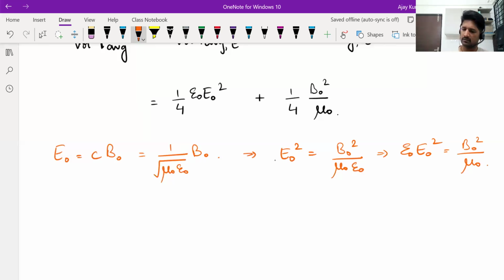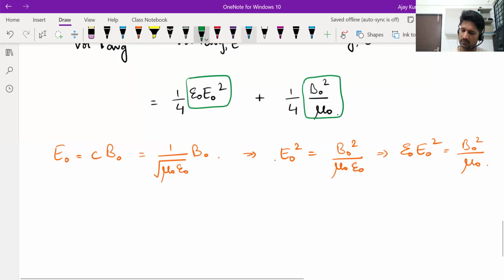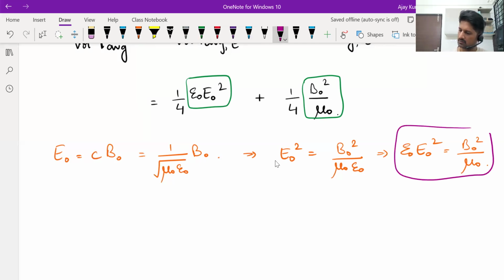This is interesting. Epsilon naught E naught square you find here, B naught square by mu naught you find here. Both of them have the same coefficient 1 by 4. It means, from this equation, you can say that these two are equal. This is what is interesting. The average energy density in the electric field of an EM wave is the same as the average energy density in its magnetic field.